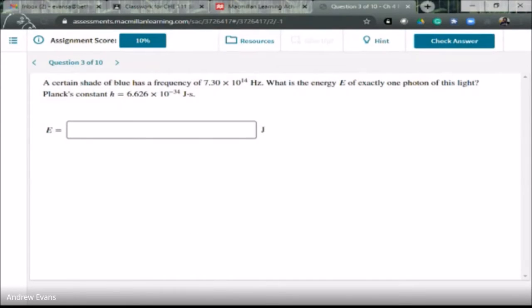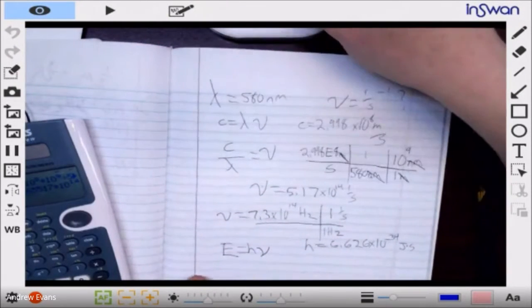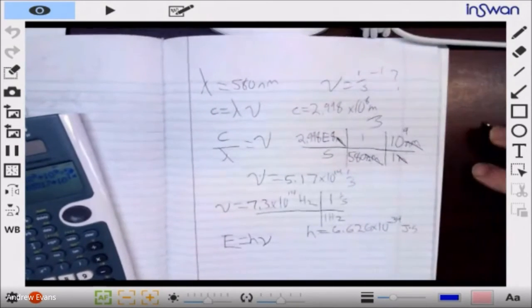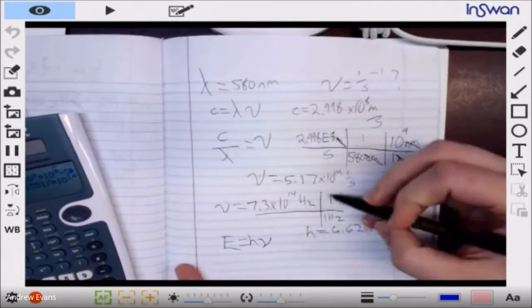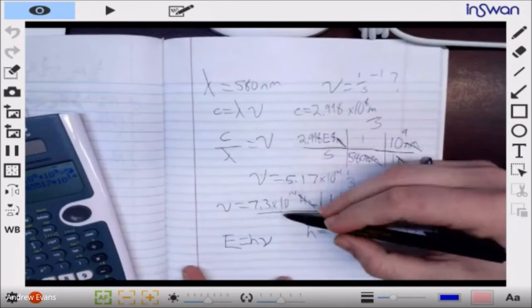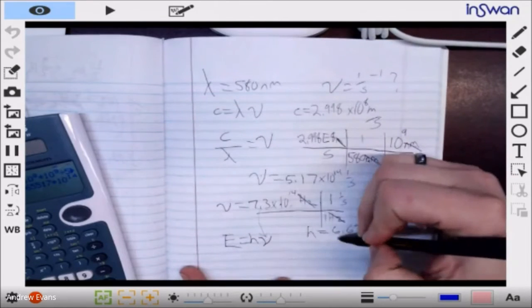So, once again, always coming back to the doc cam because I'm going to try to make this as workable as possible. So, 1 hertz is equal to 1 inverse second. So, we can simply plug this into here. And that's going into here.